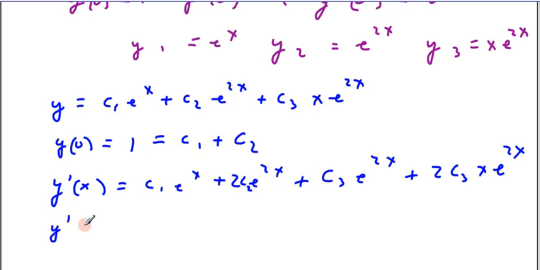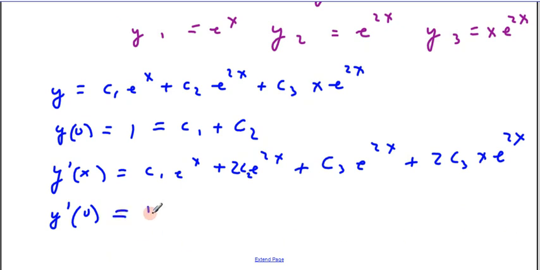y prime at 0 is supposed to be 4, which is going to be c1 plus 2c2 plus c3, because at 0 that term goes away.